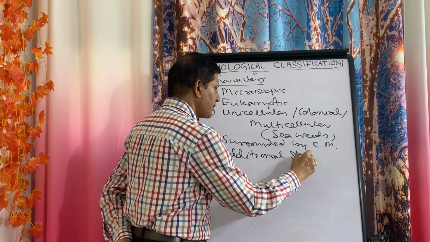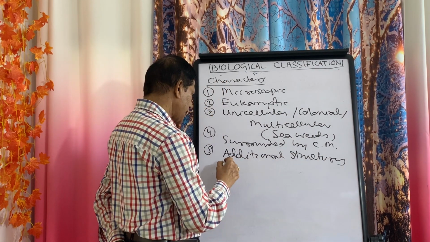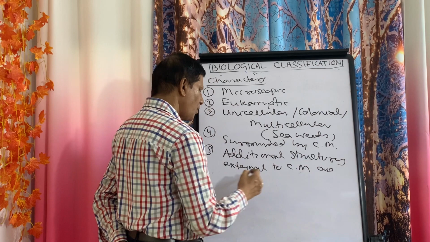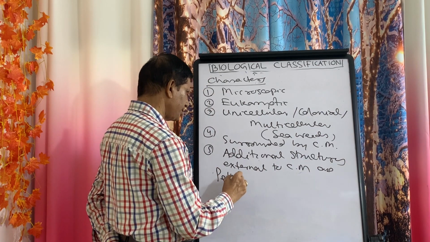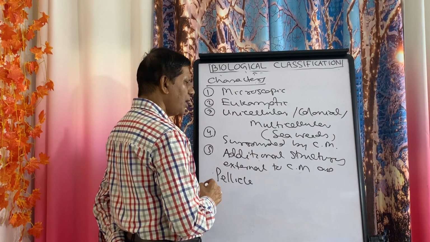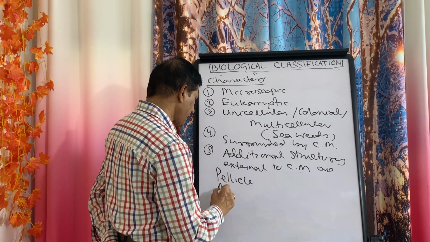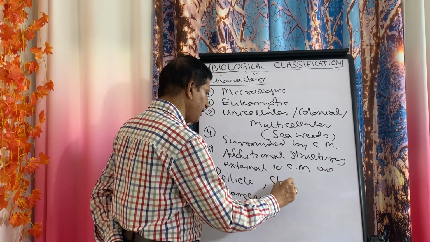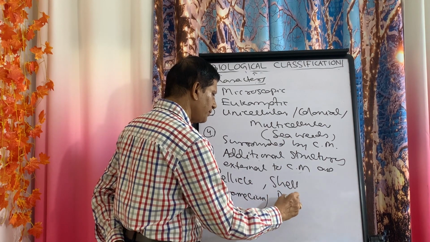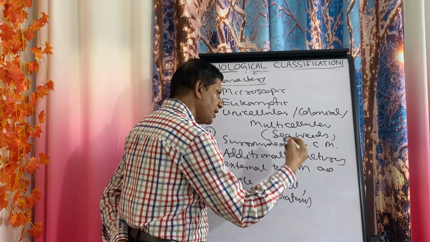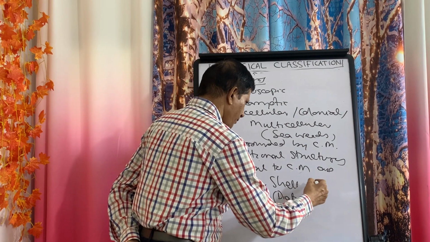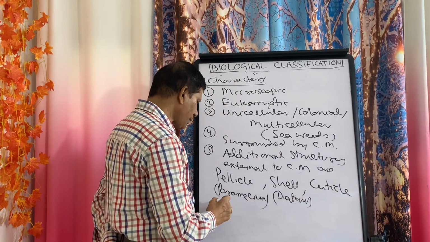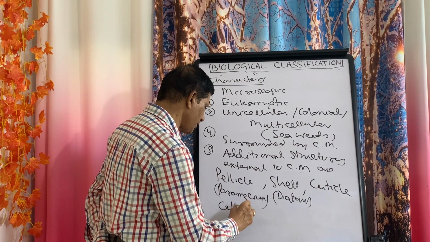The additional structures external to the cell membrane are, one, it may be pellicle, as you will find in the case of paramecium, or you will find there may be cell wall, as in the case of diatoms, or even in some cases you will find it may be cuticle, just like the plant cuticle, and in some cases some amount of cellulose.